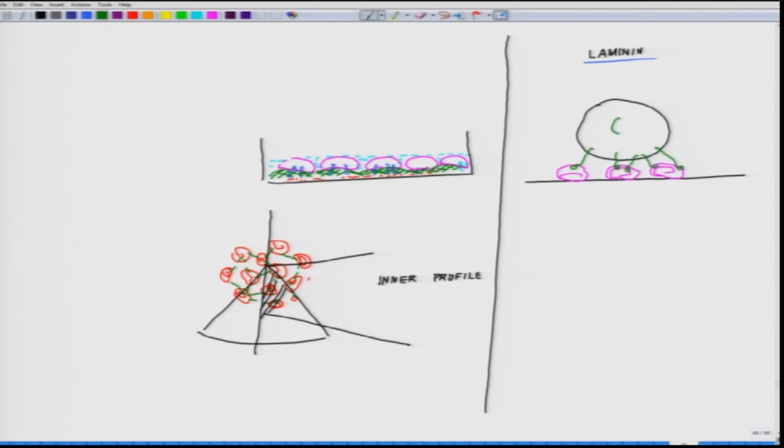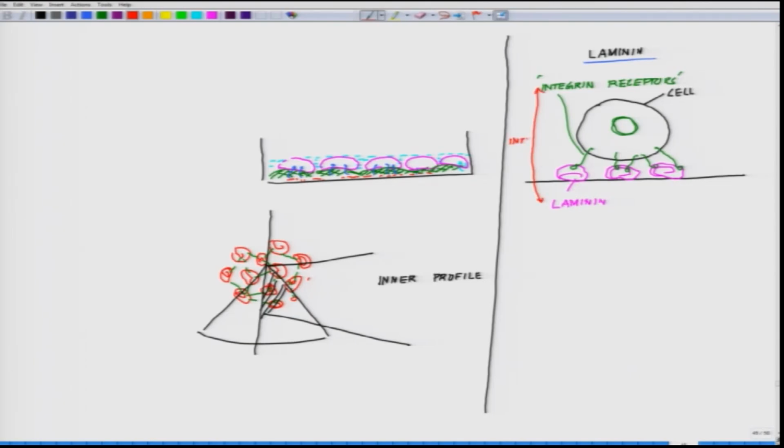Here is your cell. Here you have laminin, and here you have the integrin receptors present on the cell surface, and the interaction happens between integrin and laminin.